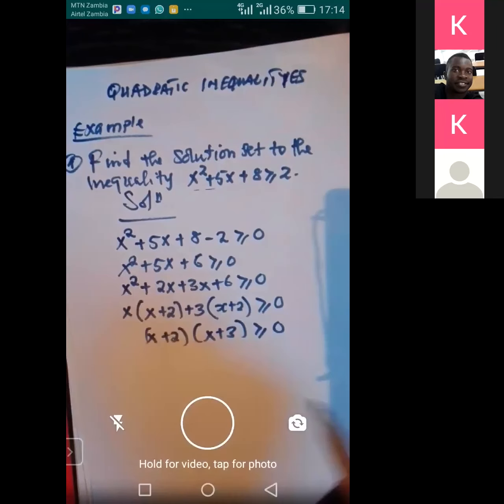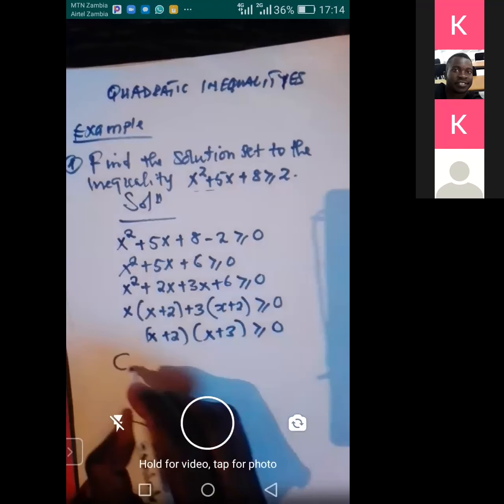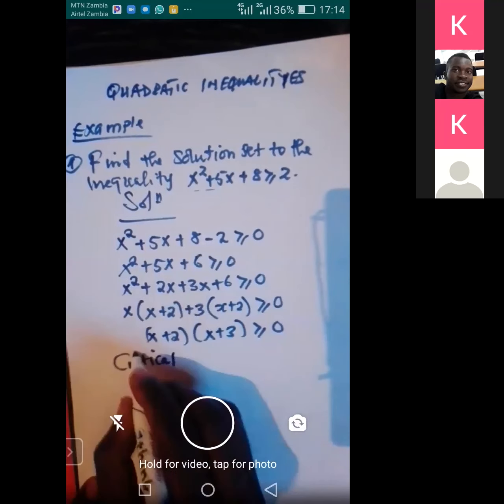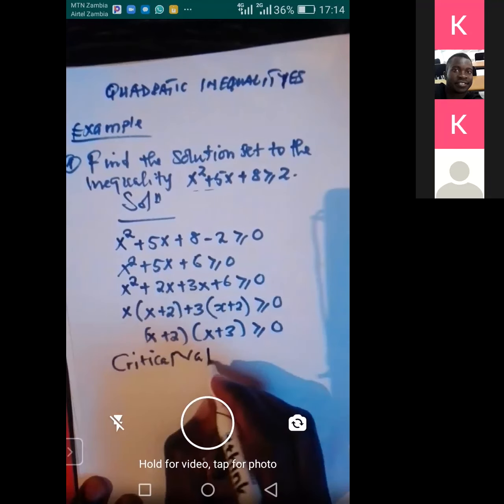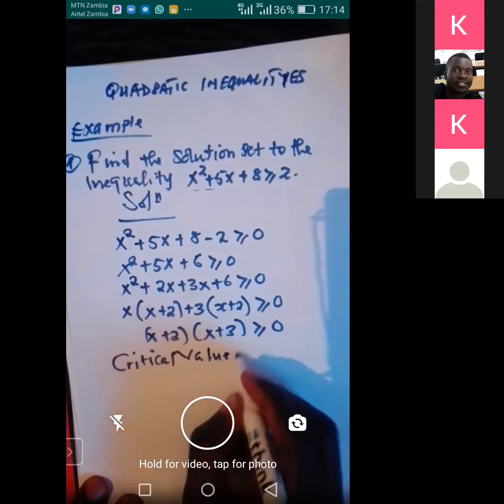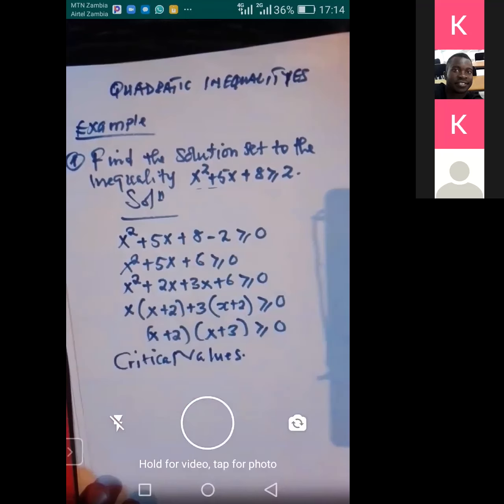So when you reach this stage, we are going to find what we call critical values. To find critical values, we equate this one and this one to 0.